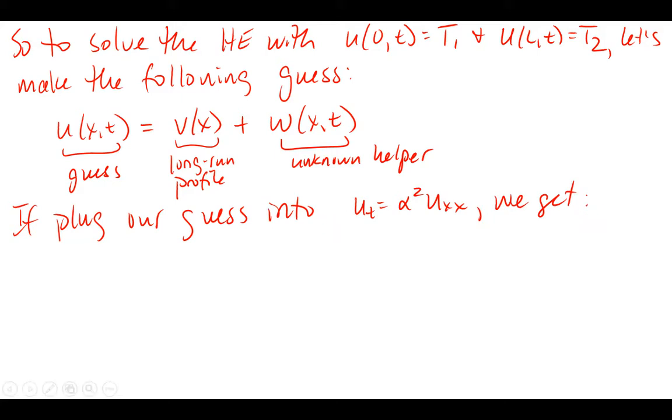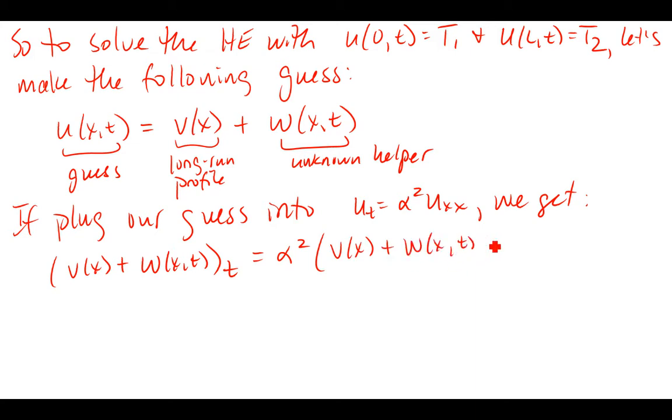What do we get? Our guess is V plus W. So I want to do the t derivative of V plus W, and that supposedly is going to equal alpha squared times the xx derivative of V of x plus W of x and t.